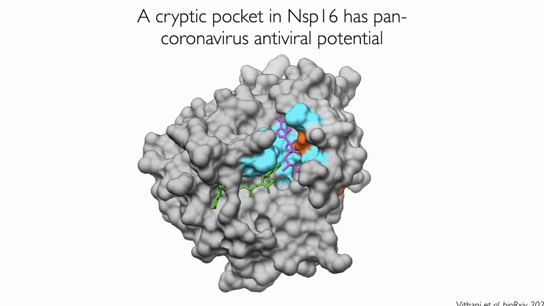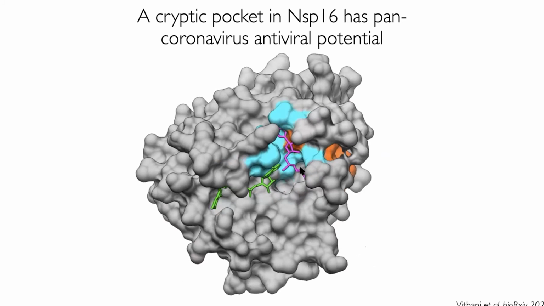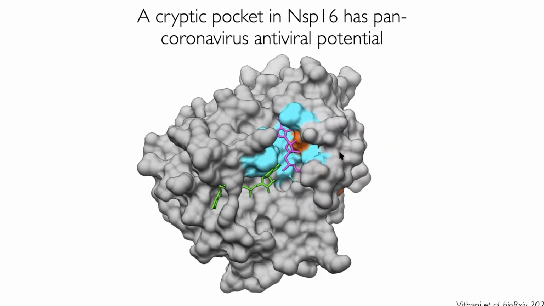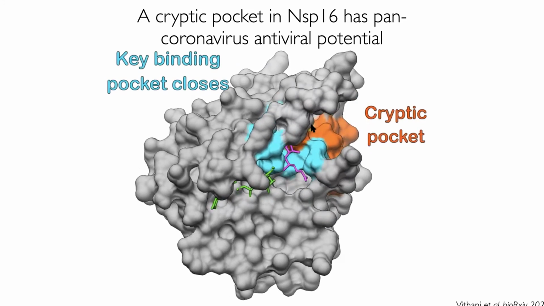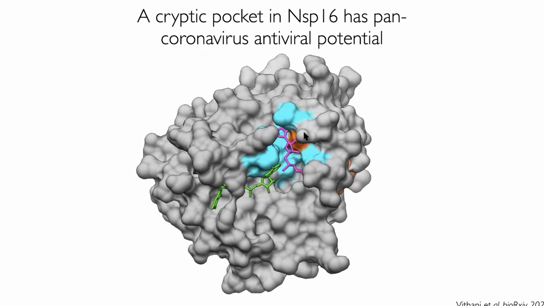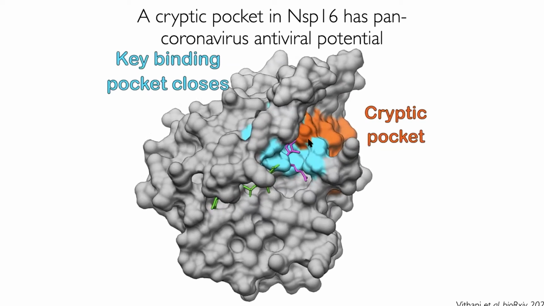And so again, skipping over some of the details, we found this very interesting cryptic pocket in this protein. You can see in orange the parts of the protein that are buried in all of the structures that people have solved experimentally, but that get exposed when this motion occurs.